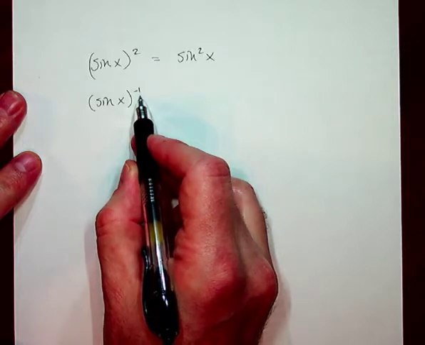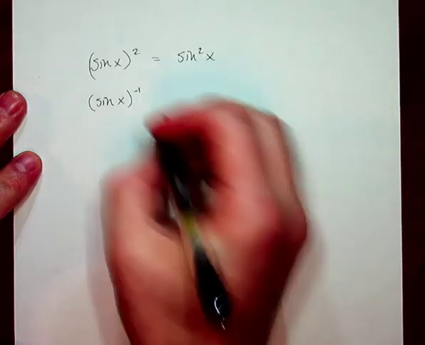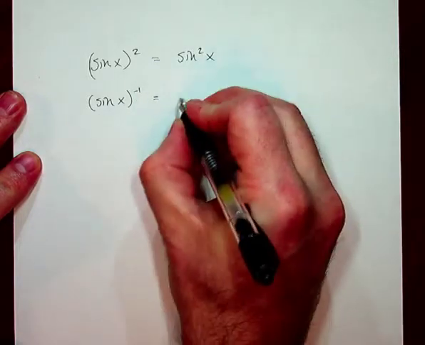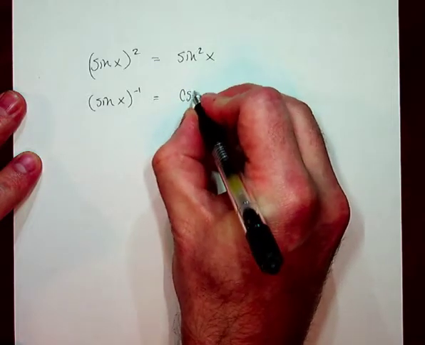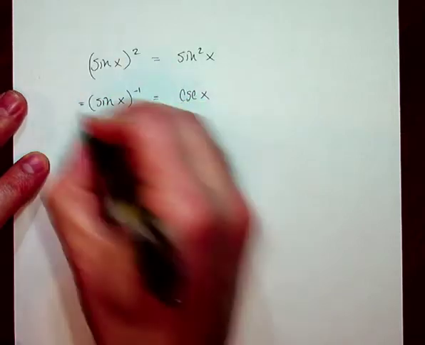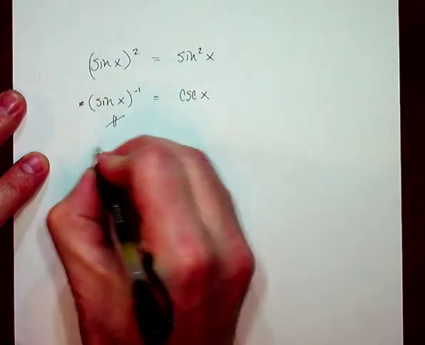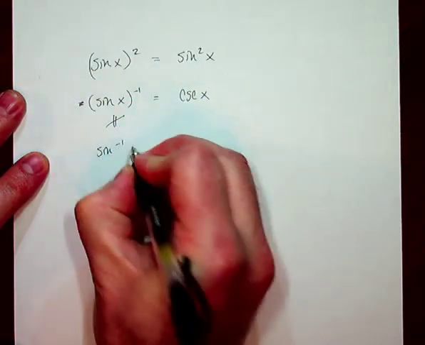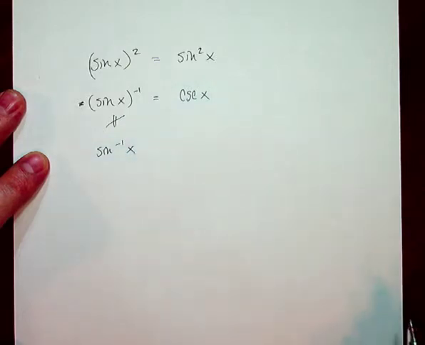It refers to the multiplicative inverse. And therefore, this is equal to cosecant x, because 1 over sine. It is, okay, this is not equal to this. How's that for confusing? Okay.